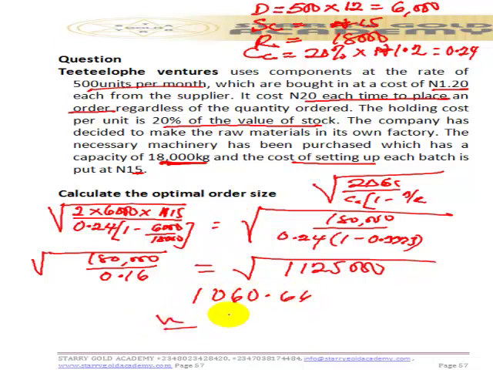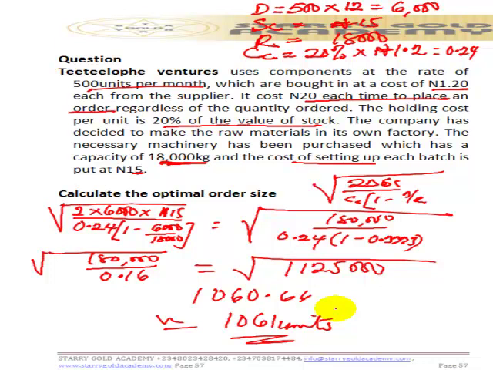So approximately 1061 units. That is the number of units that would be produced per batch. Now, having said this, we have found the economic batch size.